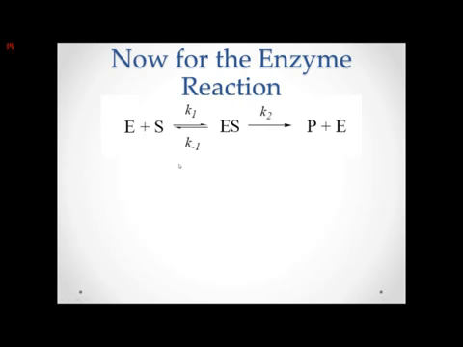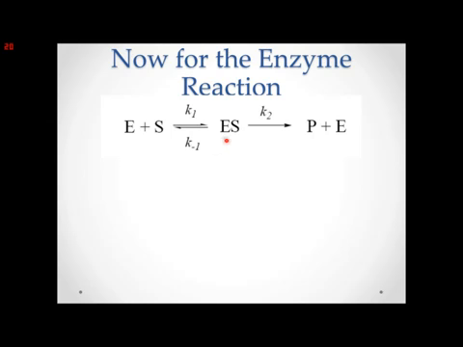Alright, continuing on. This is an enzyme substrate reaction. We have on this side starting enzyme plus the substrate goes to form an enzyme substrate complex. From here it has two choices. The one it most commonly takes goes back and regresses back into enzyme and substrate.